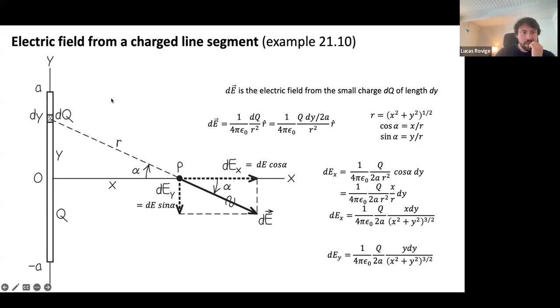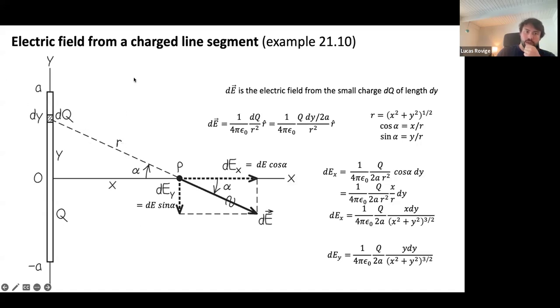So we are trying to get the electric field caused by a charged line segment. This is a line that has a total charge Q and a length 2a. So this is the origin, and it spans from -a to a.